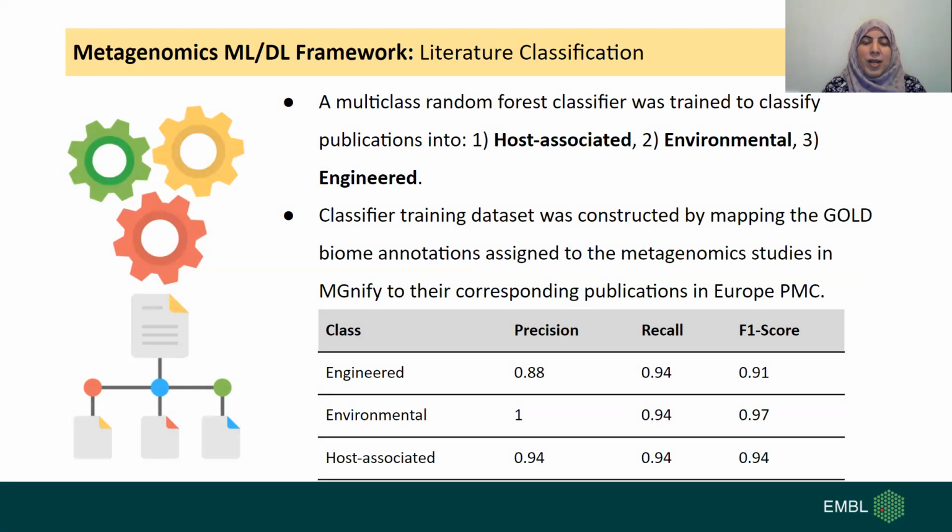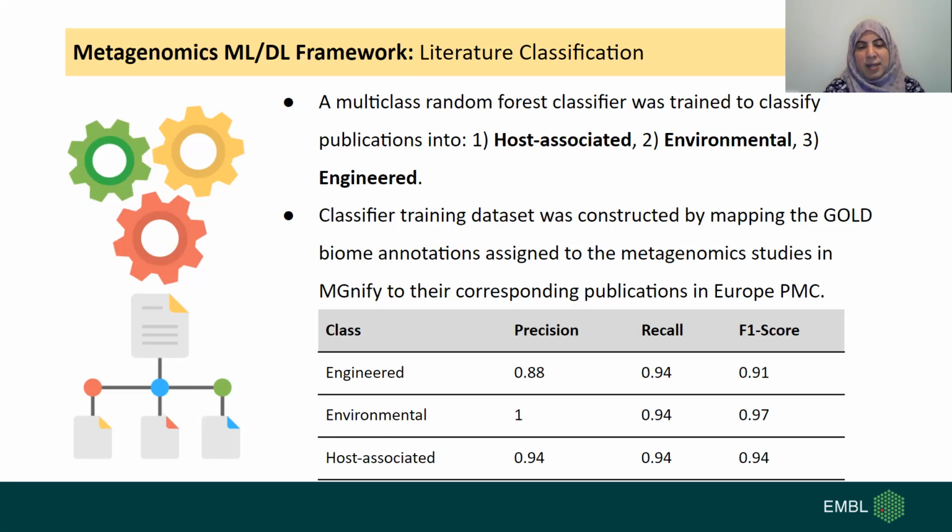So to classify literature into these environments, I had to train a classifier. For this classifier, I had to construct a training data set. So how am I going to construct the training data set? I know that Magnify already used gold ontology to annotate the metagenomic studies. So what I've done is I retrieved all the annotations from Magnify and linked them to the full text of their corresponding publications.